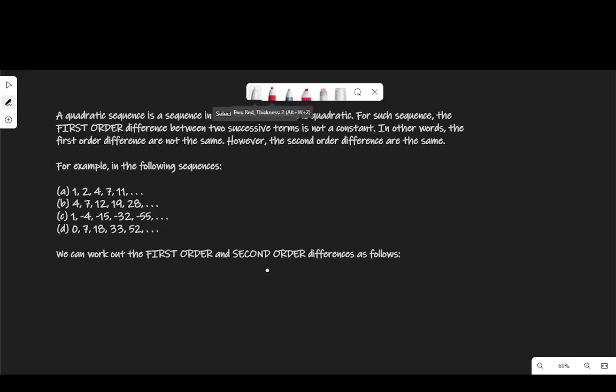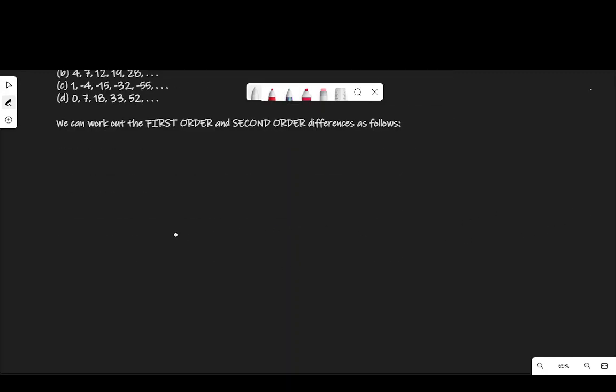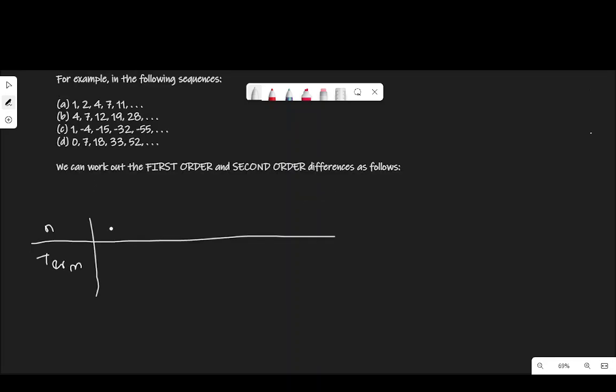Let's get the differences in a tabular form again. The nth term and the sequence is 4, 7, 12, 19, and 28.